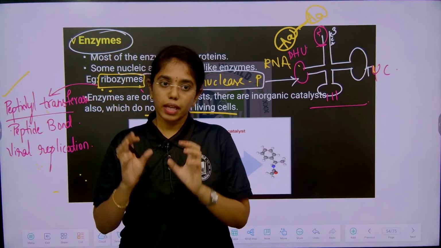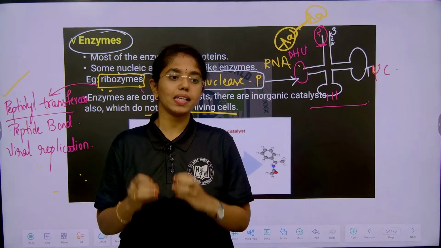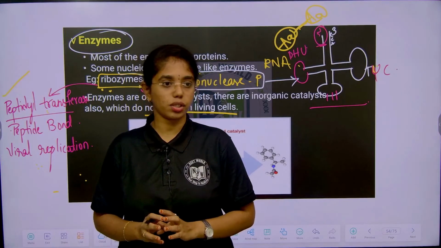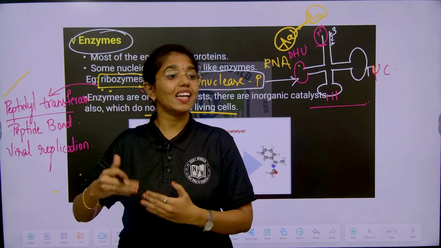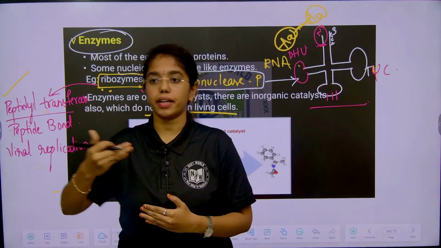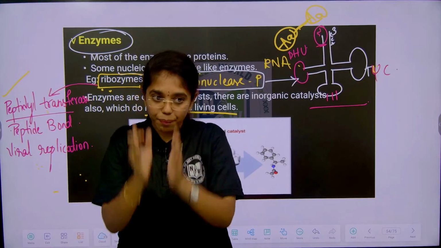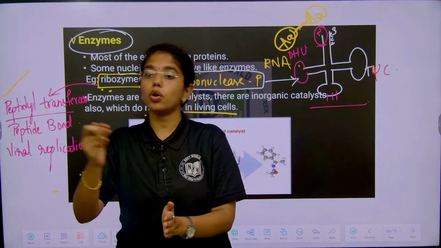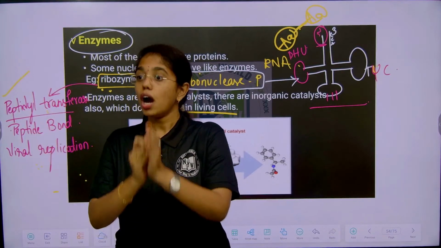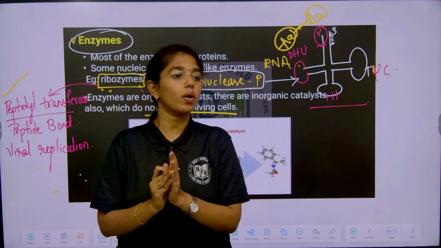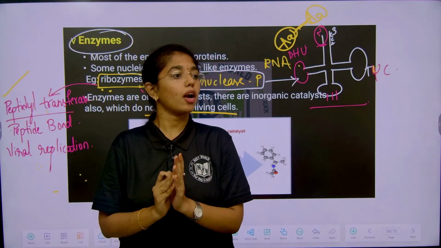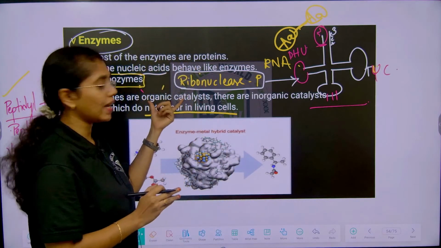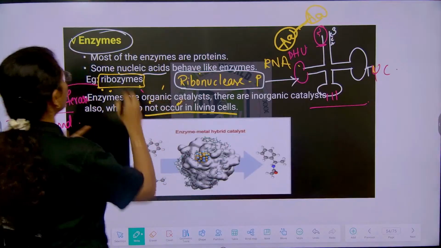Therefore, enzyme essentiality is 100% to run any reaction. So, this will catalyze or enhance the reaction rate. Its role is catalytic in nature. Enzymes are known as biocatalysts. They are also known as organic catalysts inside the living organism.